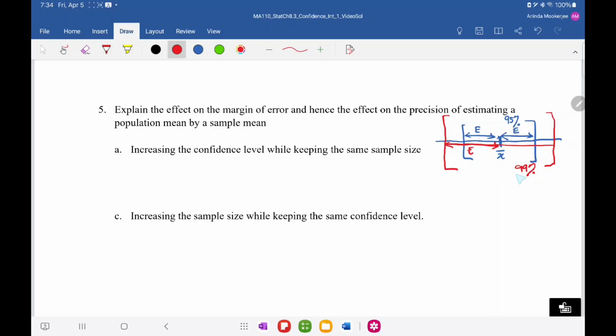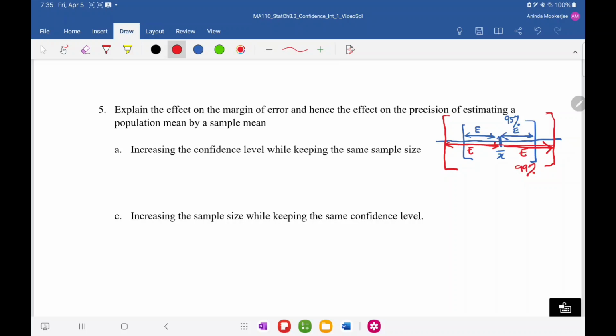When we increase the confidence level, the distance from the center point to the ends of the 99% interval, to this red bracket here, is more than what it was with the 95% confidence interval, right? So what do you see here? When we increase the confidence level, the margin of error increased.